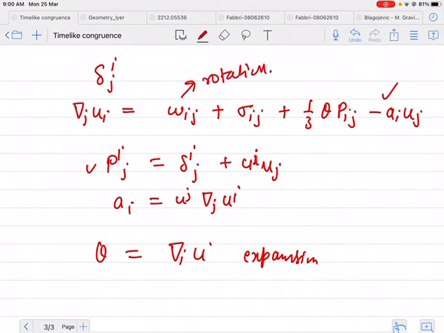So we classified this del_j u_i into rotation, expansion, acceleration, etc. And sigma_ij is the shear.